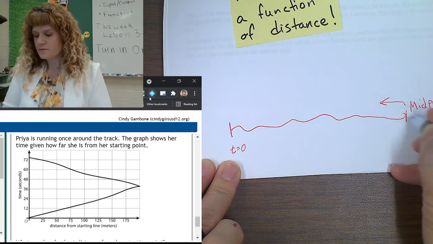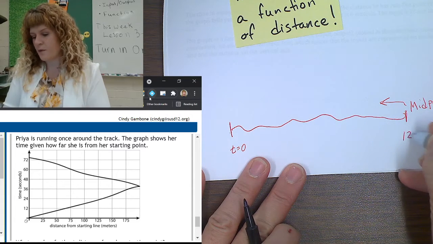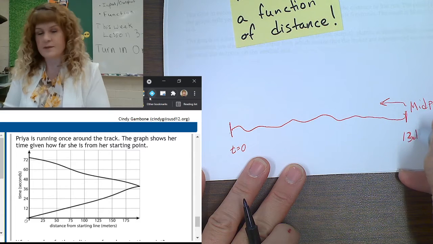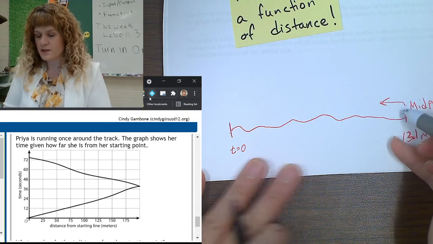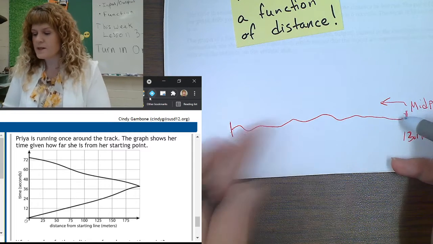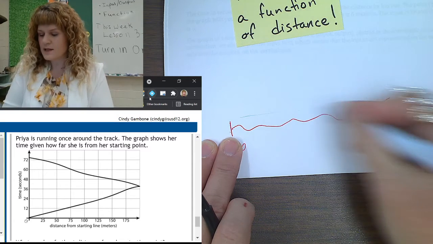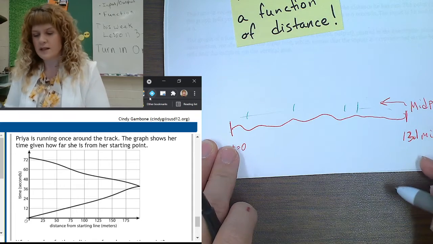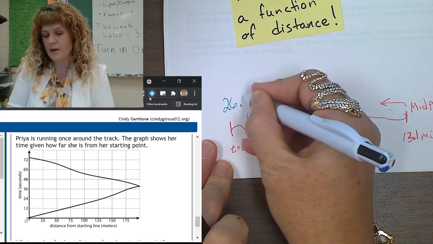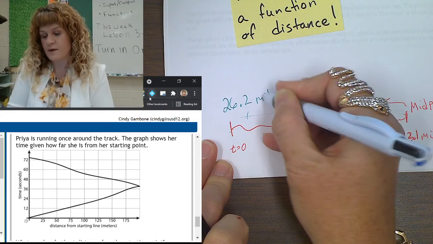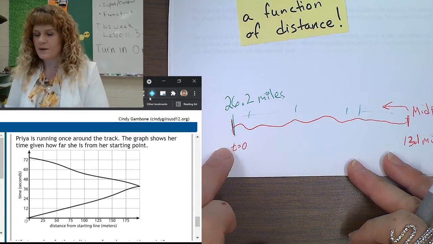And then at the midpoint, my distance would be 13.1 miles if it's a full course marathon. Then I do a U-turn. And then my distance from the starting point starts to decrease because I'm coming back to the starting line. Finally, I have run a total of 26.2 miles, but my distance from the starting line goes back to 0.